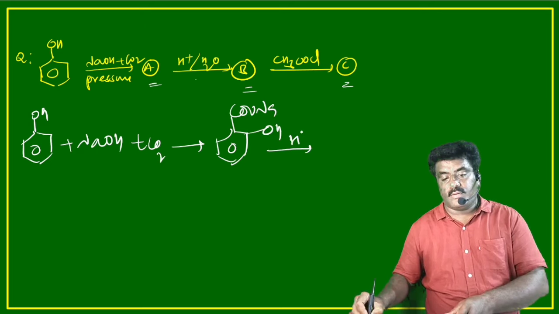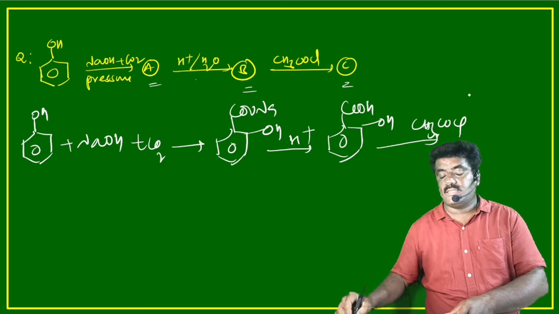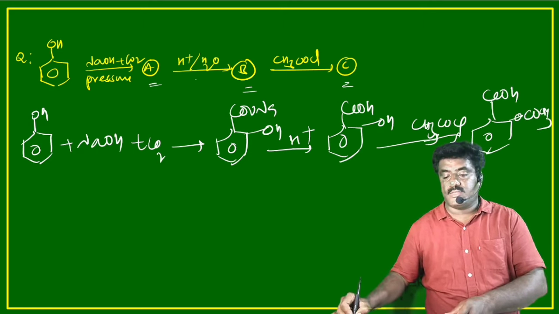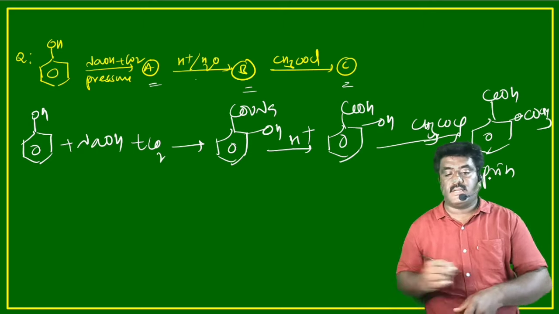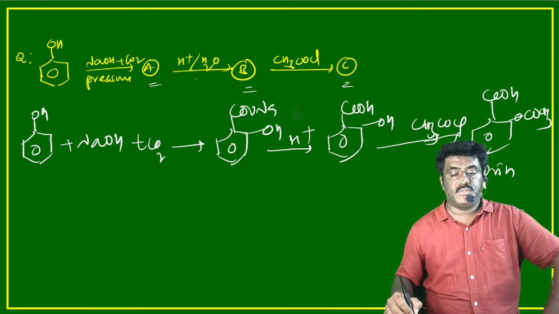In presence of H plus, it forms COOH and OH. In presence of acetyl chloride, CH3COCl, it forms aspirin, COOH and OCOCH3. It is aspirin, acetyl salicylic acid.